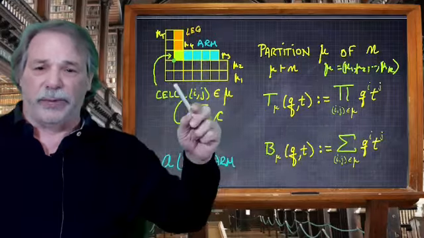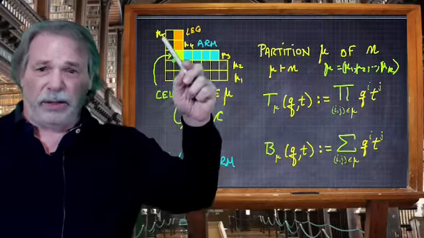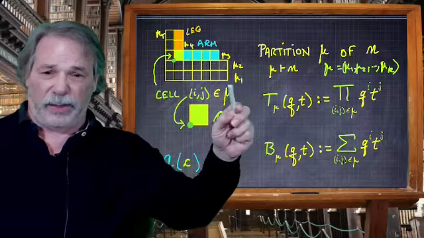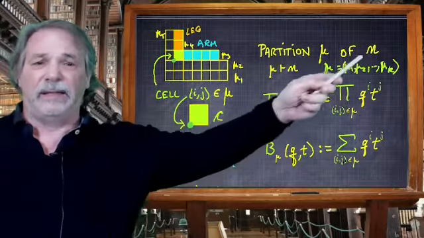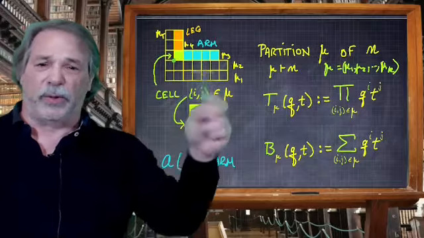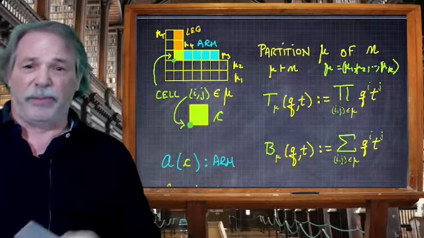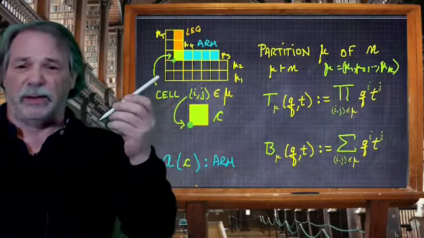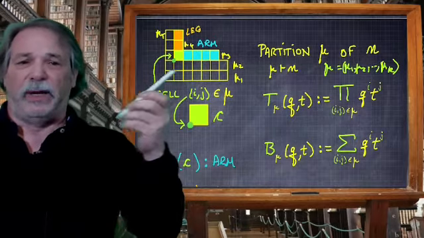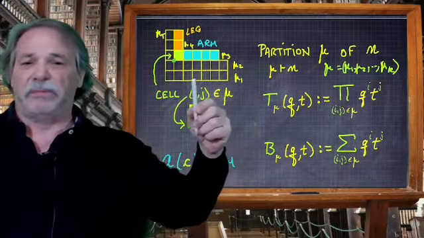So that would be a partition of n, with the total number of all squares here being n, and mu1 is the number of squares in the first row, mu2 the second row, etc.